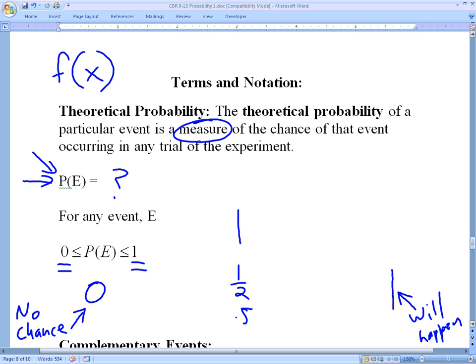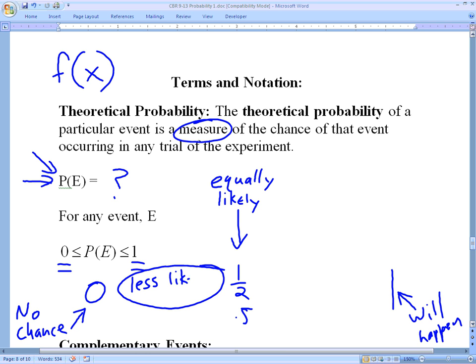If you have a 0.5 or a 1/2 or a 50% probability, that's equally likely of happening or failing. 50-50 chance, you hear that all the time, and that's 0.5 probability, equally likely. Everything in between that's less than 0.5 but greater than 0, we say is less likely to occur.